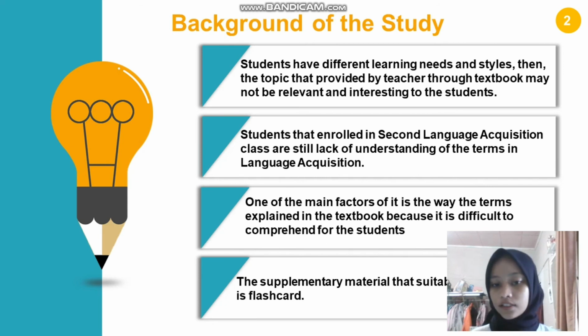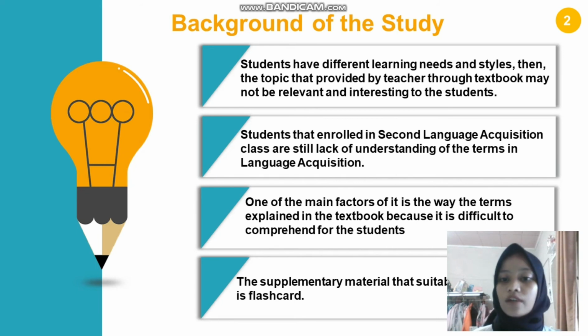So for this class, we need supplementary material, right? The supplementary material that is suitable for the students is flashcards, because a flashcard has a brief explanation. The words in the flashcard are easy to understand, according to the developer's use of words on it.